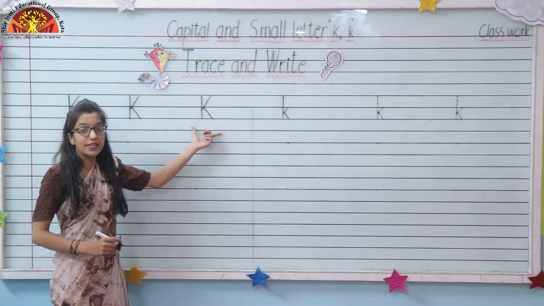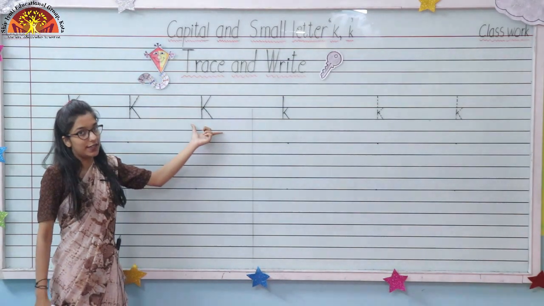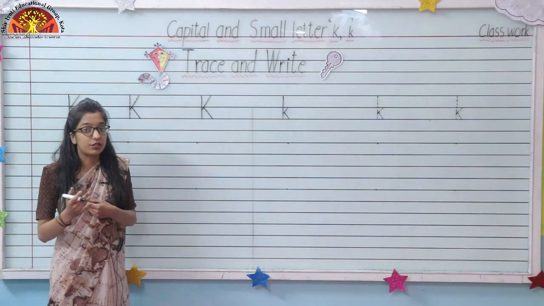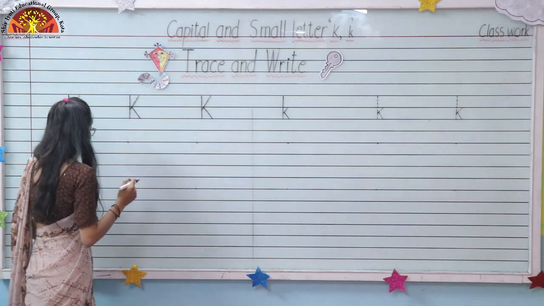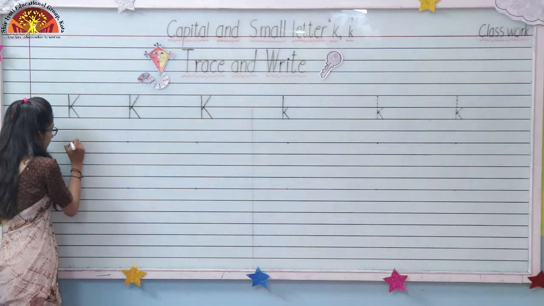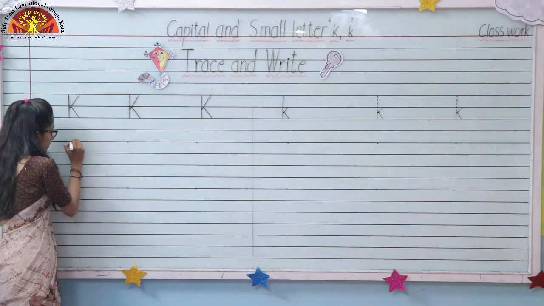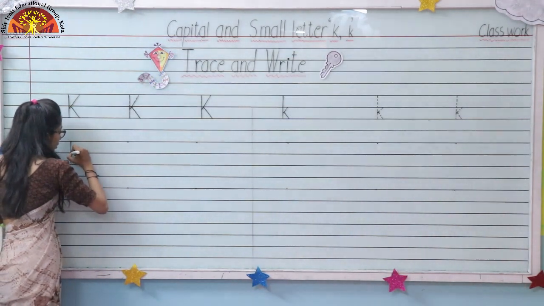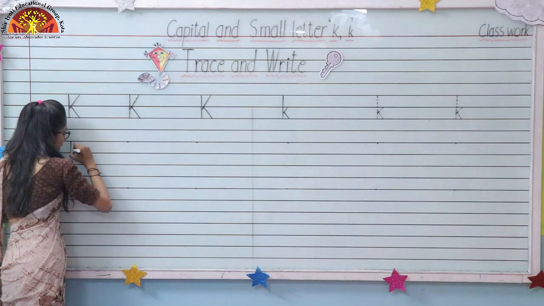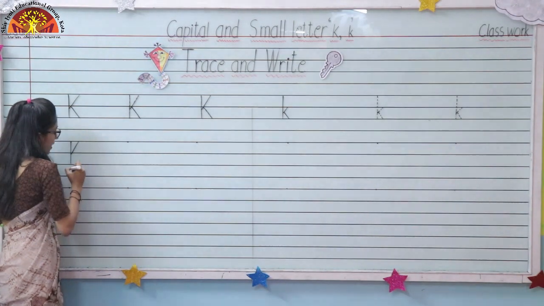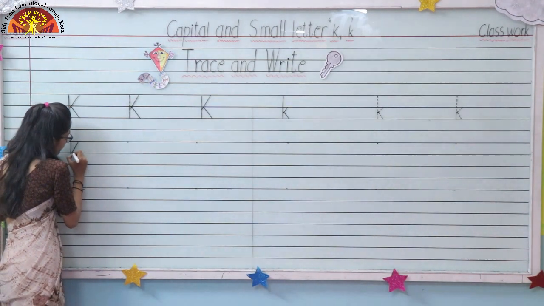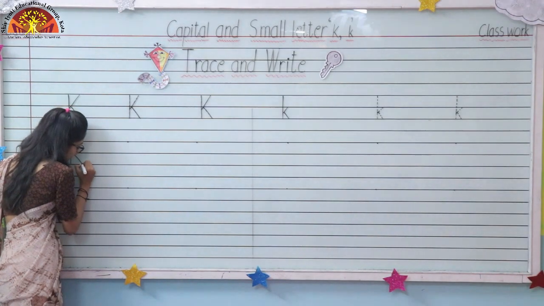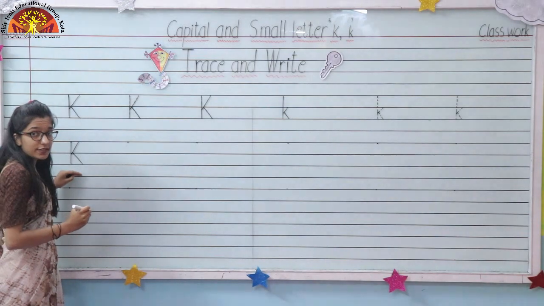Okay, capital letter K. Now let's write on dot. Everyone look here. Start from first line, draw one standing line. Then from here you have to draw a slanting line. Touch this line properly. Then from second line draw one more slanting line like this.